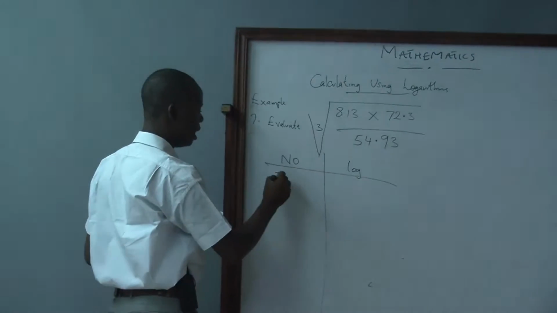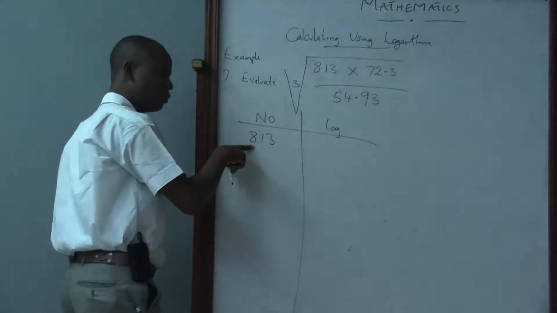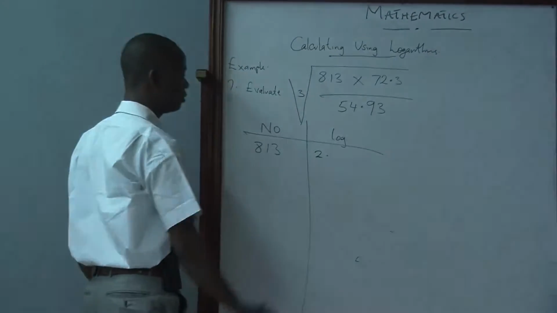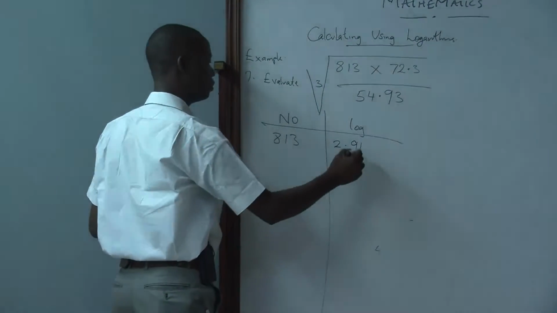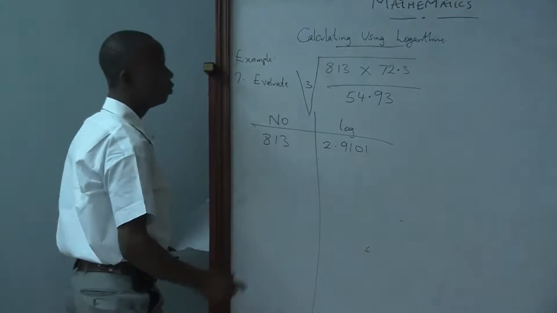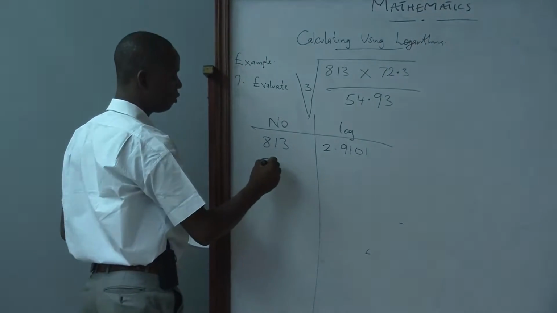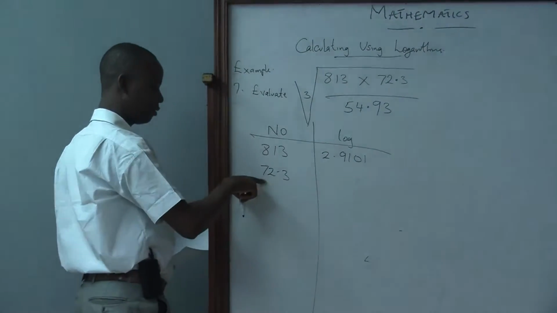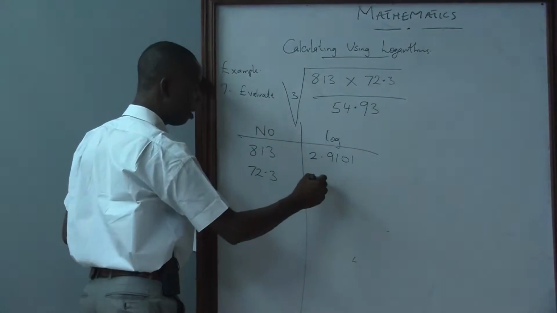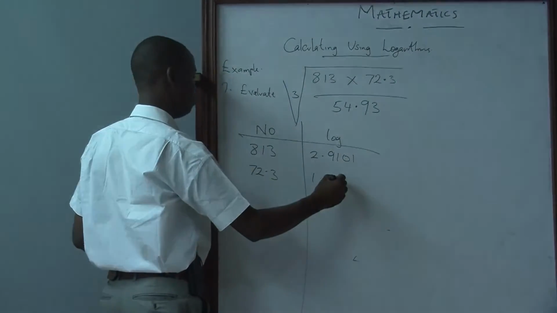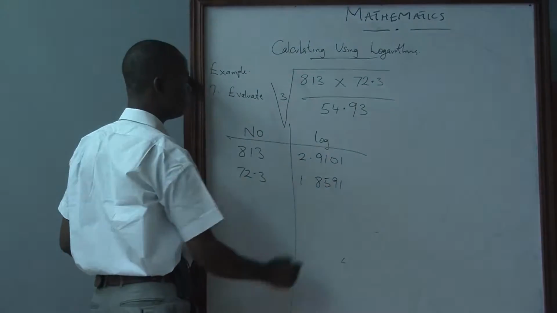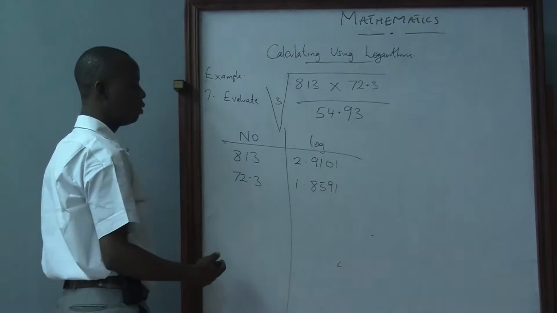So we start with 813. The characteristic for this value is 2, and the mantissa for it is 9101. We move to the next one, that's 72.3. The characteristic for this value is 1, and the mantissa is 8591. So we can deal with the numerator straight away.